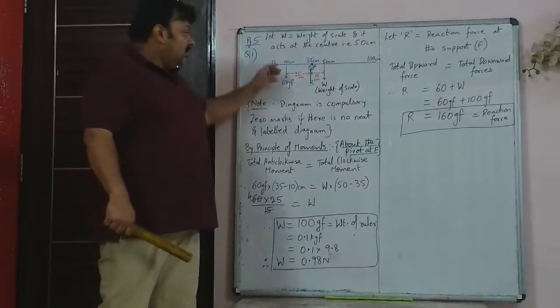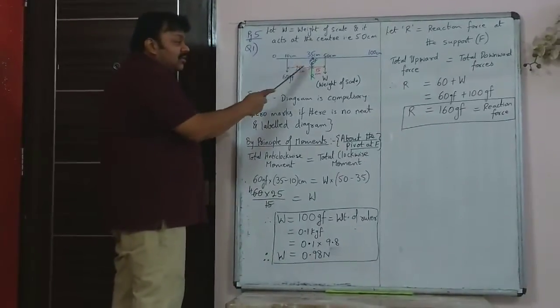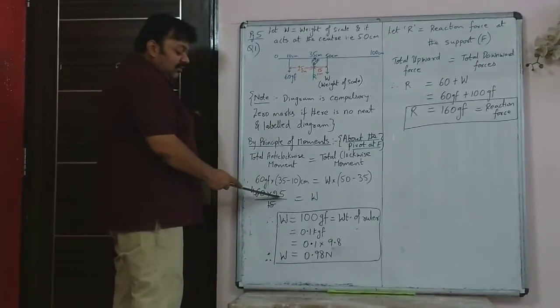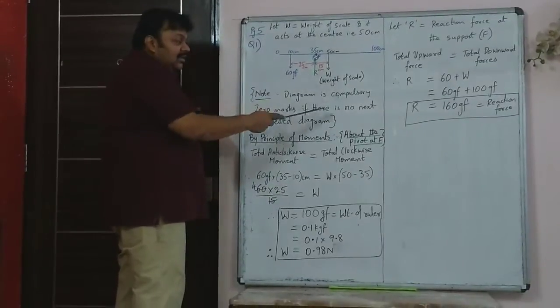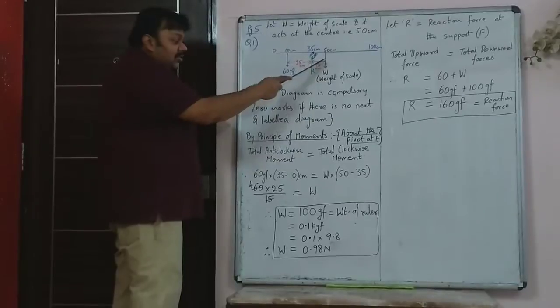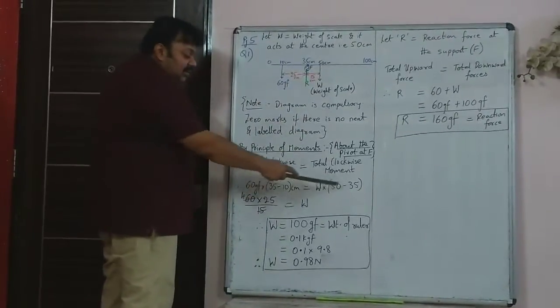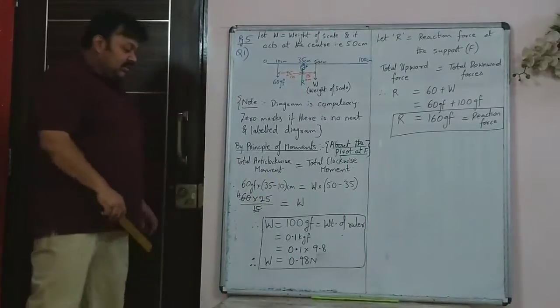So here the total anti-clockwise moment will be 60 gf into this distance, that is 25 centimeter, and on the other side the clockwise moment will be W into 15, that is 50 minus 35, 15 centimeter.